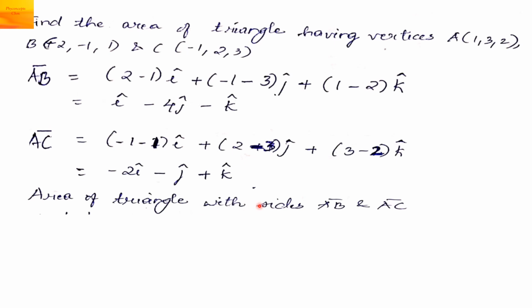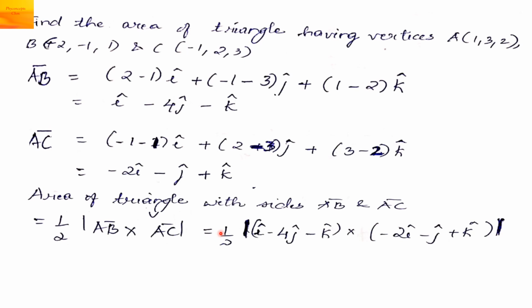So area of the triangle with the sides AB bar and AC bar can be found as half into mod of AB bar cross AC bar. So we have to take the cross product of these two vectors, AB bar cross AC bar. We will write it down in the determinant form and enclose it with the mod.